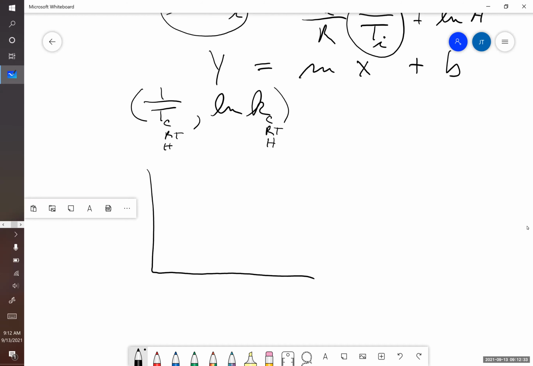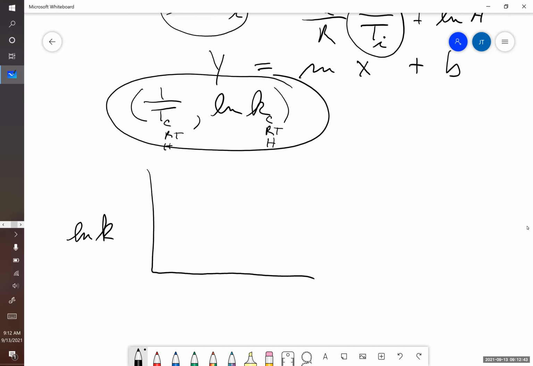So on the y-axis, you're going to have the log of K, and the x-axis, because this is just 3 points, they're x, y points. So x being 1 over temperature, and the y being the log of K. So I see that my high temperature is going to have the lowest value here.